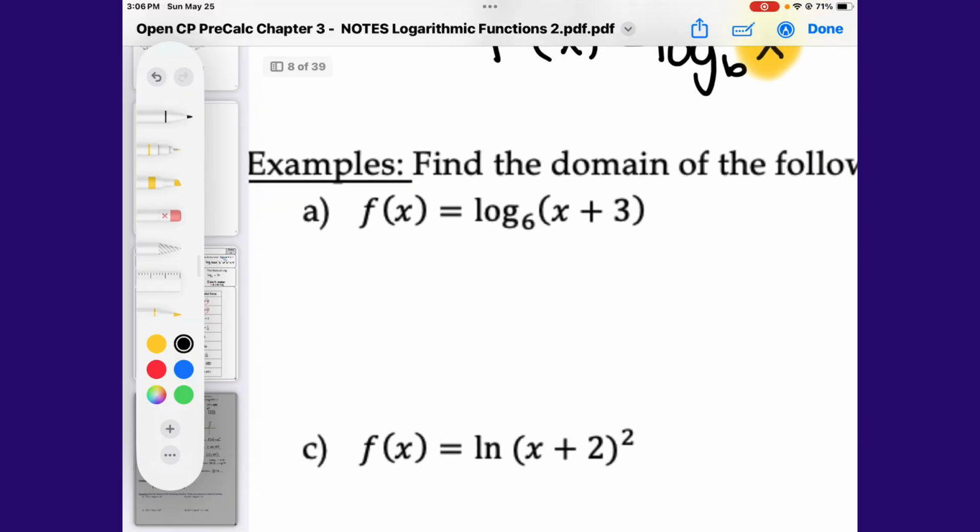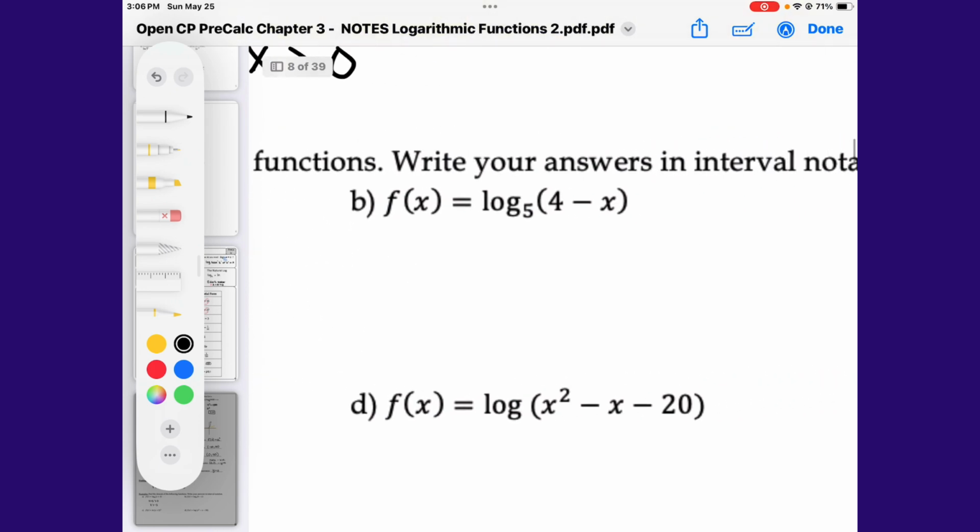We don't care about the base at all. We are just caring about this x plus 3 part. So that is in that spot of x. And we're going to say, hey, this has to be greater than 0. So in order for this log to exist, the x values that you're plugging in to evaluate have to be greater than -3. Let me show you another one.